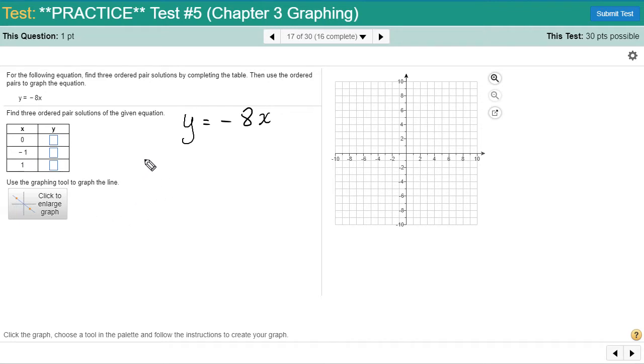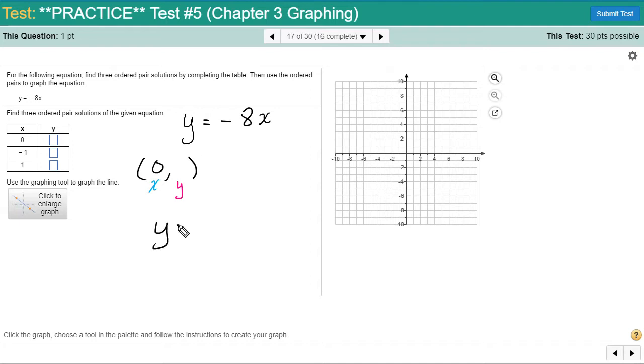First and foremost, we want to find the missing y when x is 0. So we'll let x be the teal color as always, and the y be the pink color as always, and get to work. So y equals negative 8x. Well, let's plug in our value for x here to solve for y.